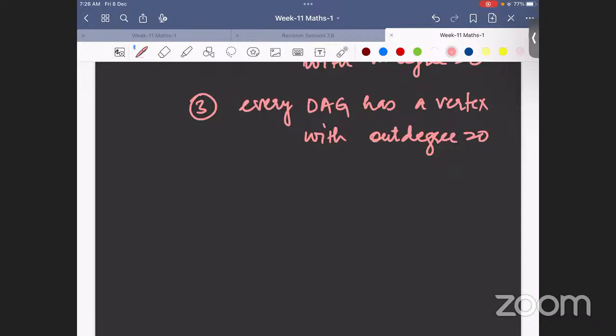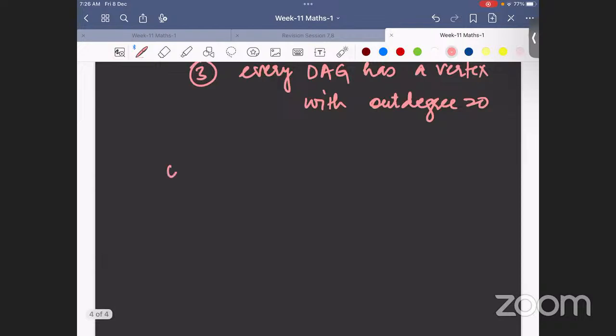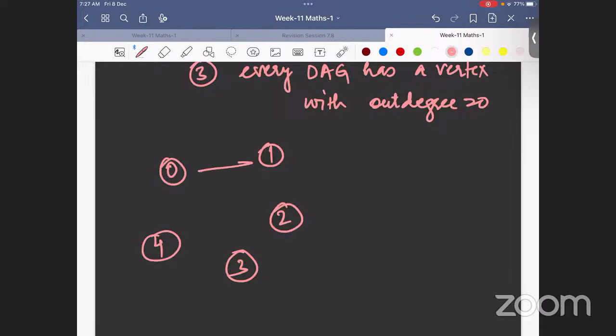So if I am giving you two graphs with vertices 0, 1, 2, 3, and 4, now tell me whether this is a DAG or not.